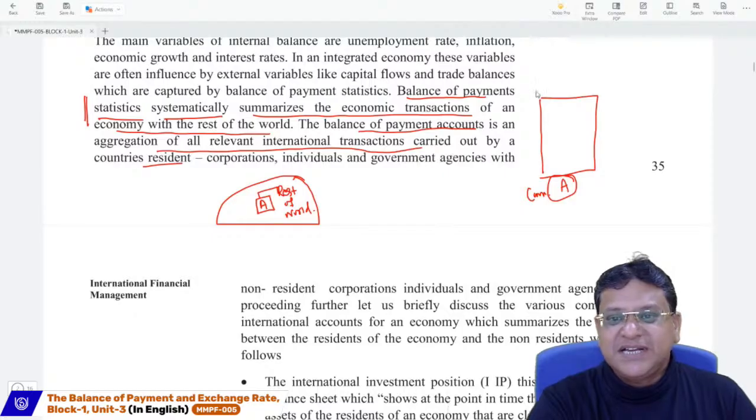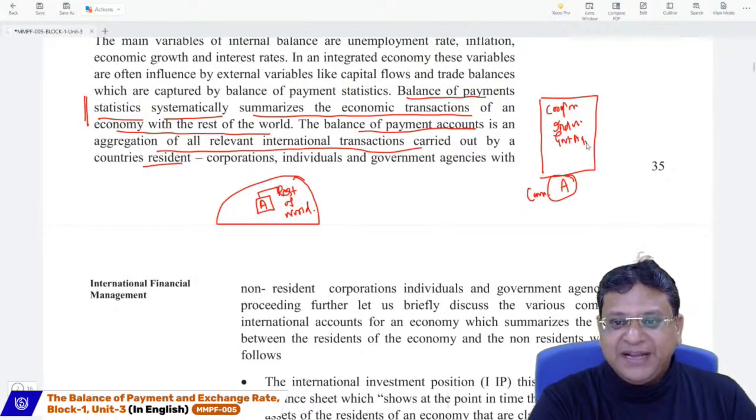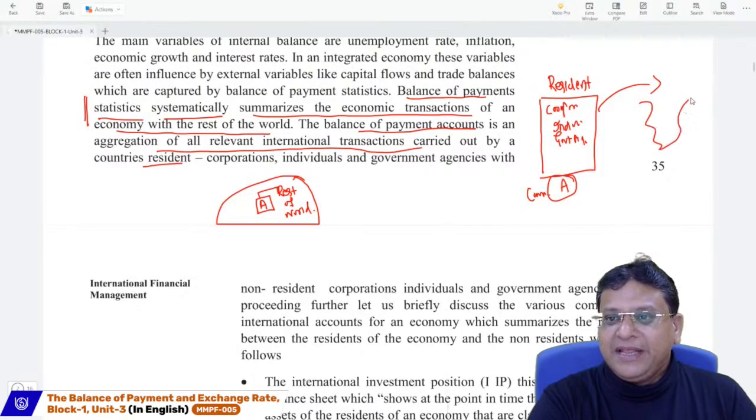A country's residents are corporations of the country, individuals of the country, and government agencies of the country. And if the residents of country A do any foreign transactions with residents of any other country, the residents of the other country are known as non-residents.